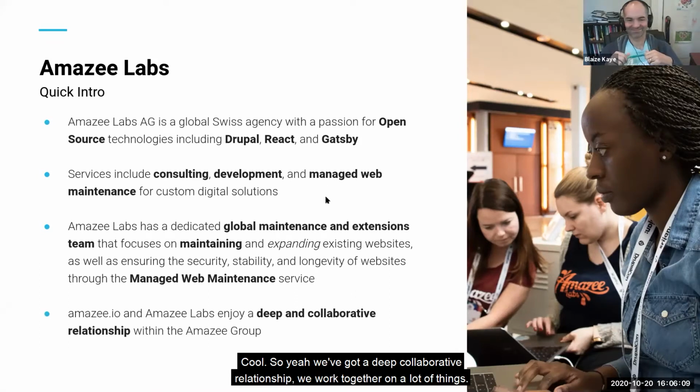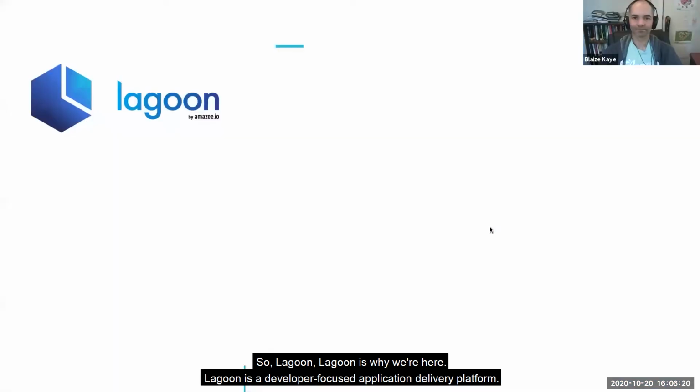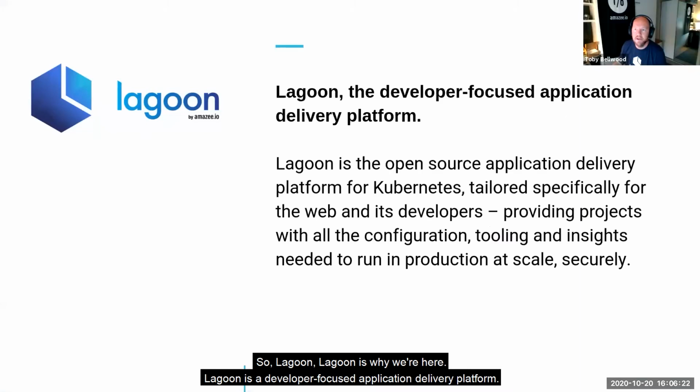So yeah, we've got a deep collaborative relationship and work together on a lot of things. So Lagoon is why we're here. Lagoon is a developer-focused application delivery platform. Now, we have been telling people that we're a build and deploy platform. One of the things that we've really realized over the last few months is that we do a lot more than build and deploy.